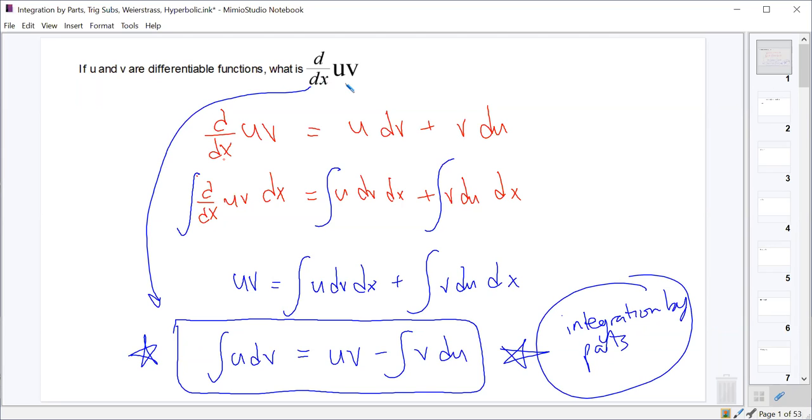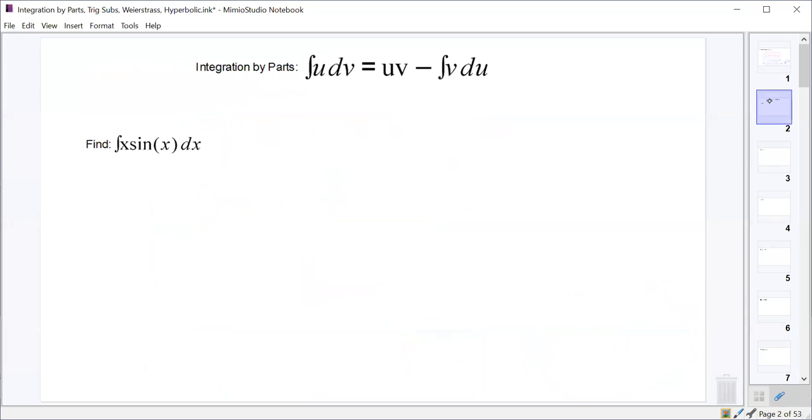Yes. Okay, great. So then we're going to use that formula to integrate some functions that we previously would not have been able to integrate. I put the formula up here: the integral of u dv equals uv minus the integral of v du. Integration by parts, and you need to memorize that formula and be able to apply it to functions like this one, x sine x dx, that we want to integrate.